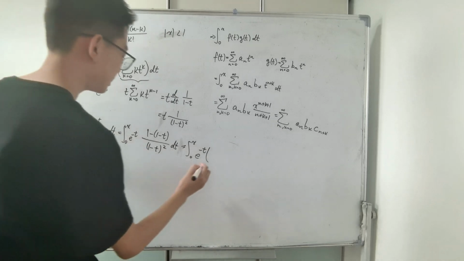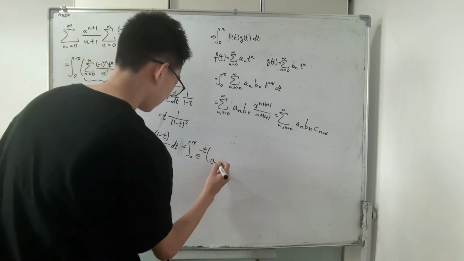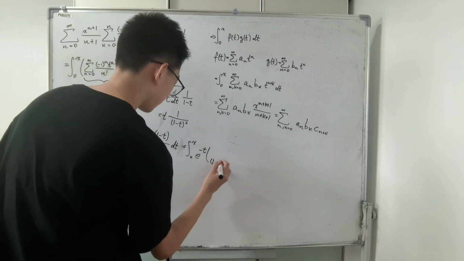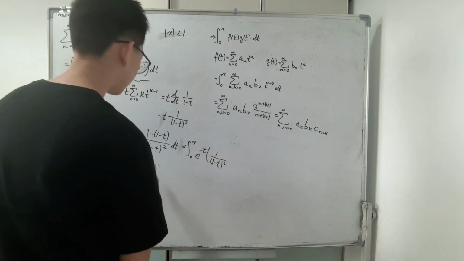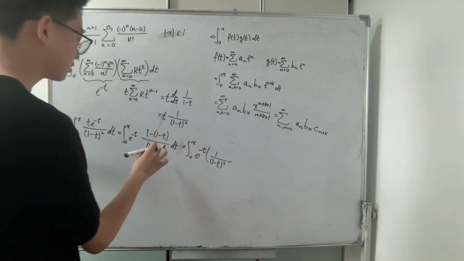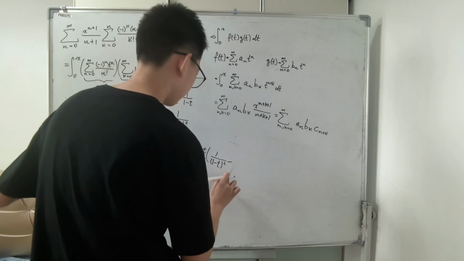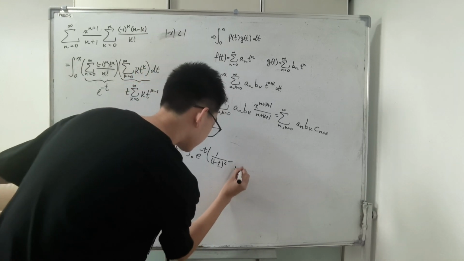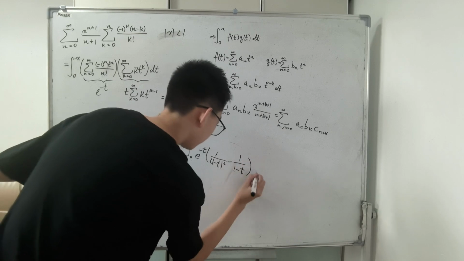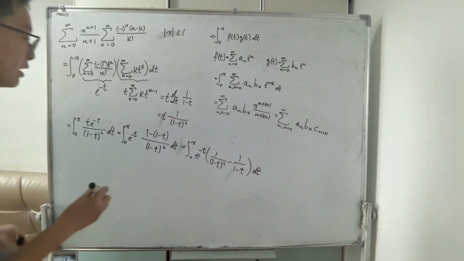The first part of this fraction is 1 over 1 minus t squared. The second part is minus 1 minus t over this, but like I said, that cancels, so it's just 1 over 1 minus t, dt.